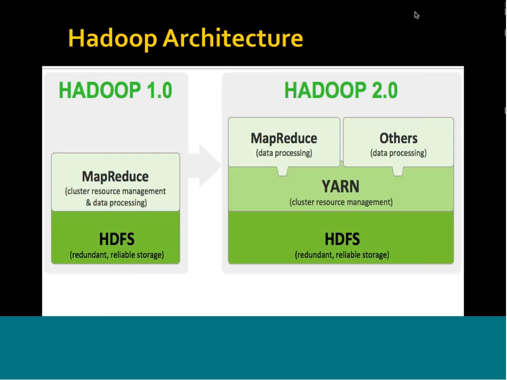So now if you see, there are two versions of Hadoop. One is Hadoop 1.x and second is Hadoop 2.x. Hadoop 1.x comes with two core components. One is HDFS, and please understand, the responsibility of HDFS is to provide storage, to handle storage, to provide reliability.